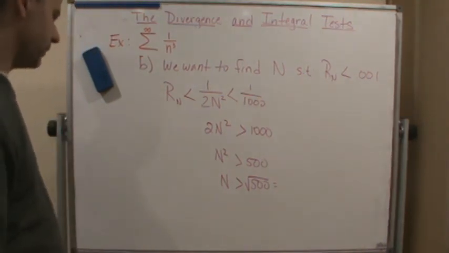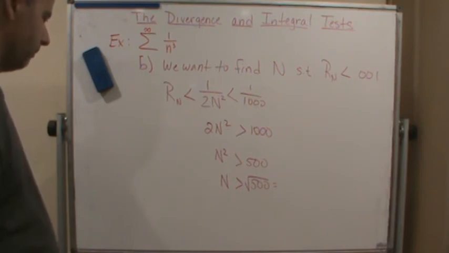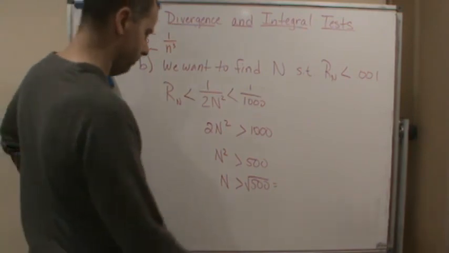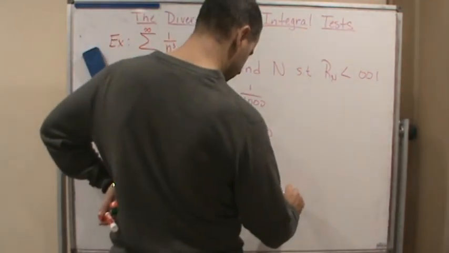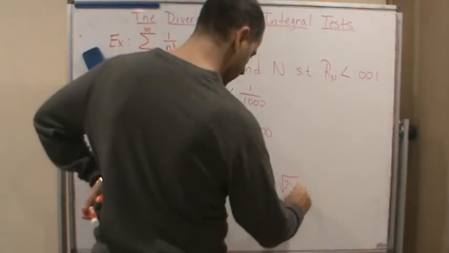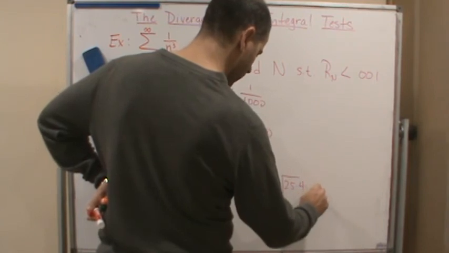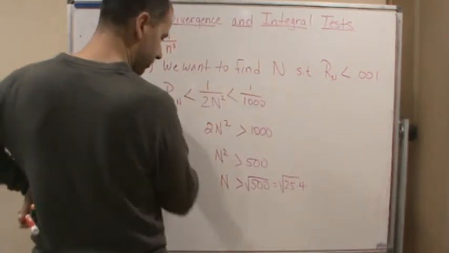Which gives us what? Well, this is going to equal 25 times 4, or 100 times 5, right?